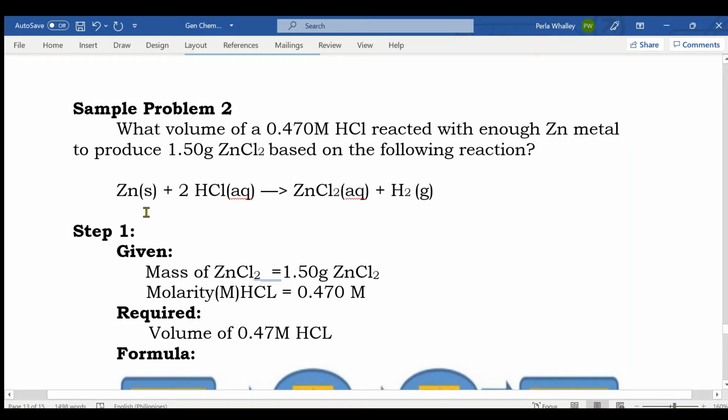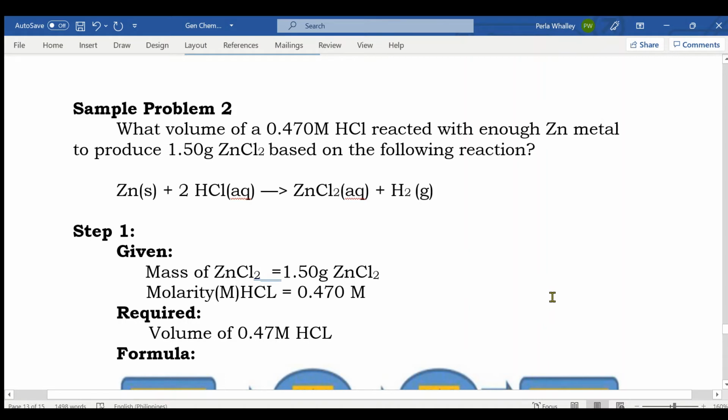Zinc solid plus HCl aqueous will form zinc chloride aqueous plus H2 gas, or hydrogen gas. Balancing the equation, we need to write coefficient 2 here to balance the equation.